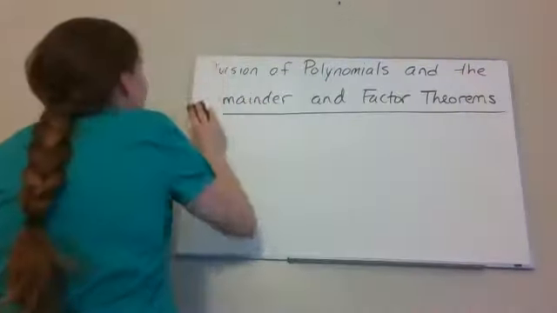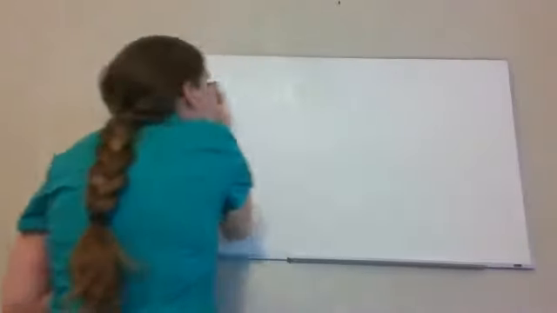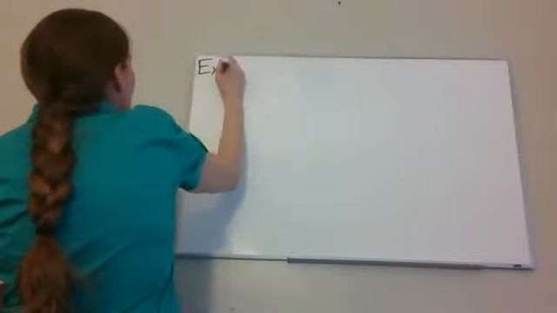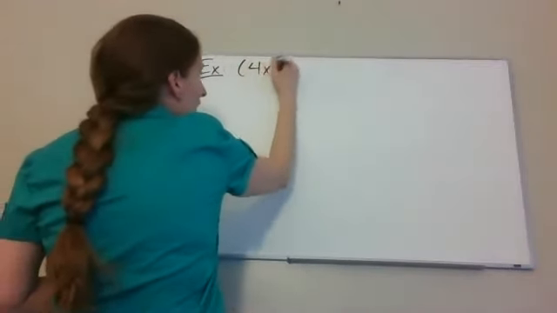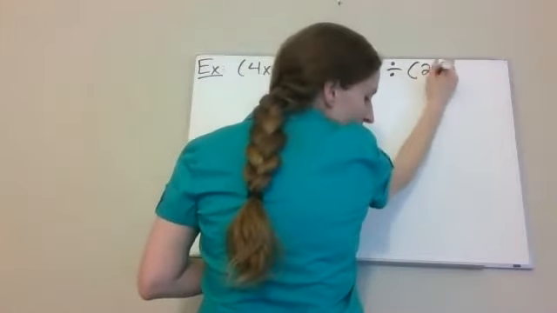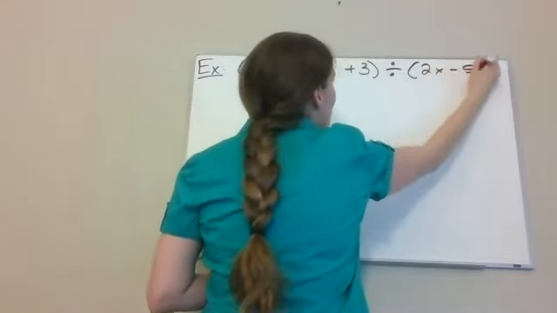So for our first example, I am going to take 4x to the third minus 23x plus 3 and divide it by 2x minus 5.